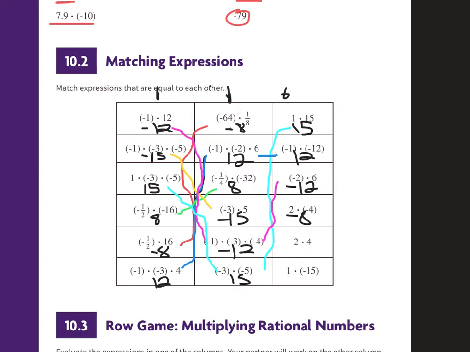That matches up with the red one. 2 times 4 is 8. 8 matches up with green. And 1 times -15 is -15. That matches up with the yellow one. Okay, the easiest way to do all this is just type it in your calculator. Let it do all the hard work for you. Okay?